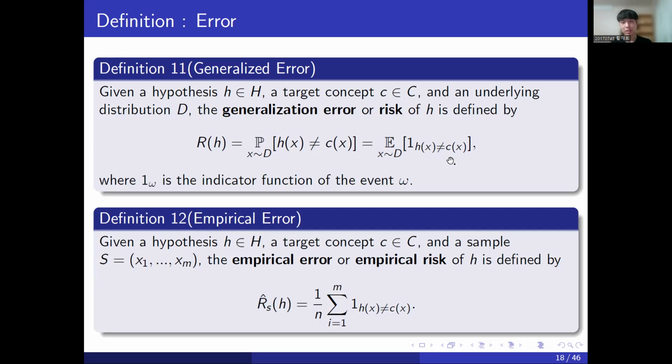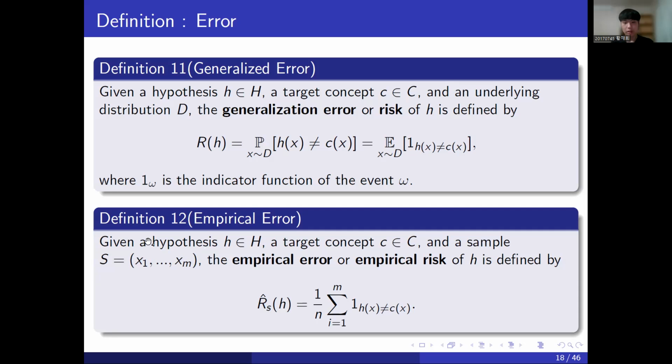You may not be familiar with this notation, and this is the indicator function of the event omega. This is a kind of binary function which returns 1 if the condition omega holds and returns 0 otherwise. Also, this notation means that the elements in the input space satisfy the IID condition, which is the identically and independently distributed condition mentioned before.